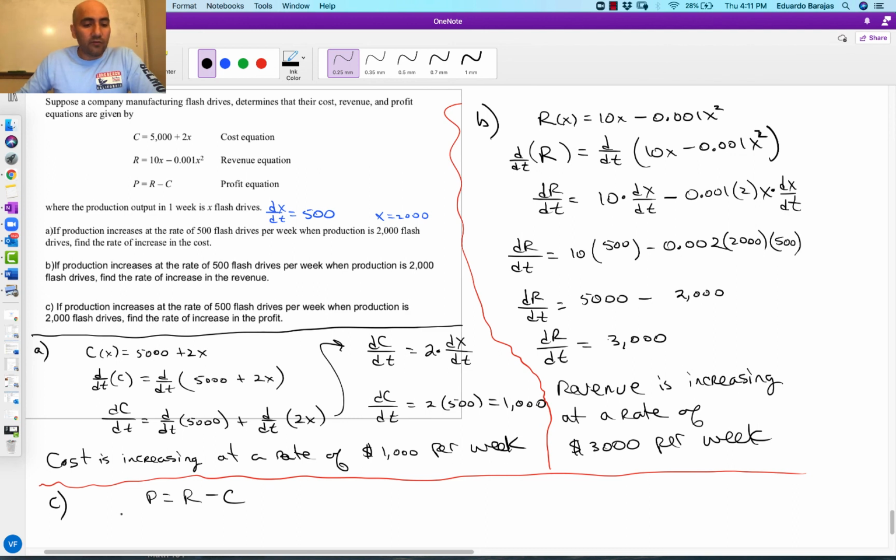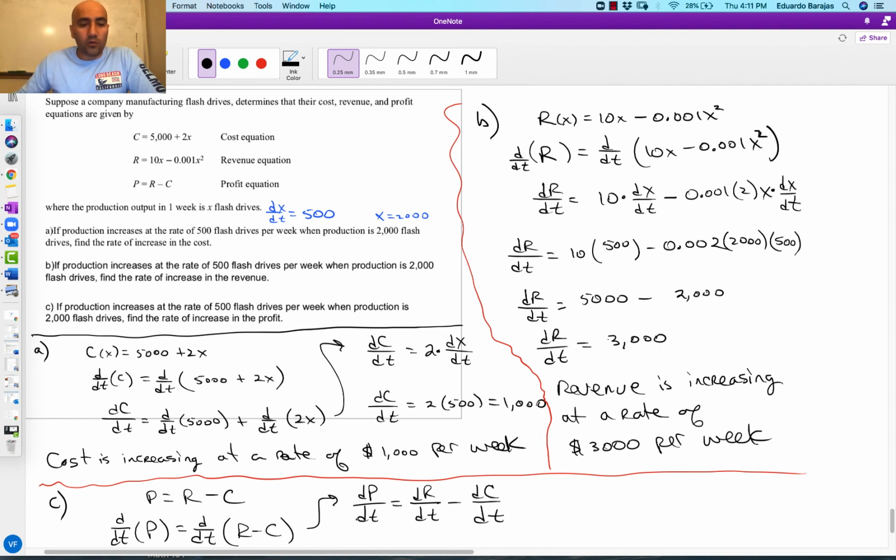So if we take the derivative with respect to t of the P, and then take the derivative with respect to t of this R minus C, we end up with the formula dP/dt is equal to dr/dt minus dc/dt.